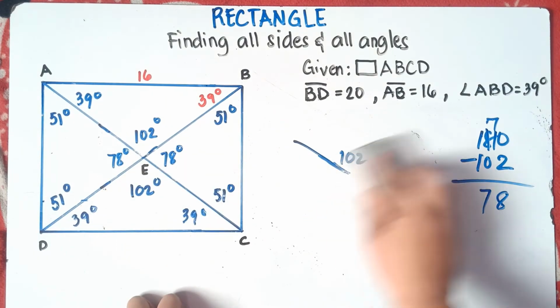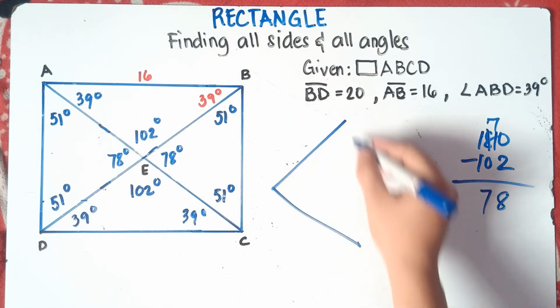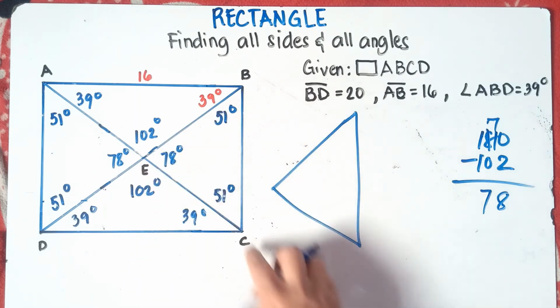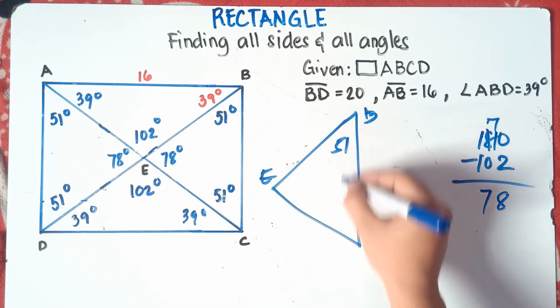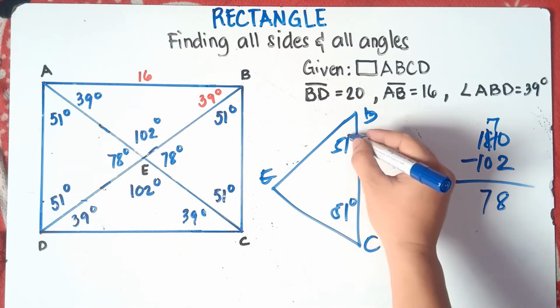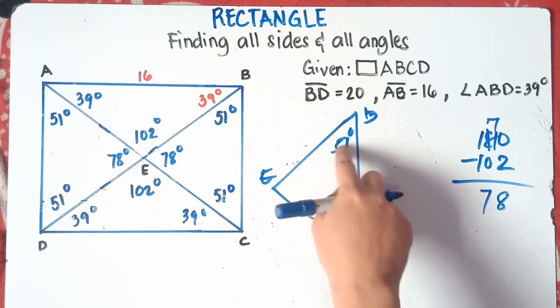So even if you check this one, this is a triangle, class. Triangle BEC. This is 51. This is 51 degrees. Once again, class, the sum of your angles should be 180.